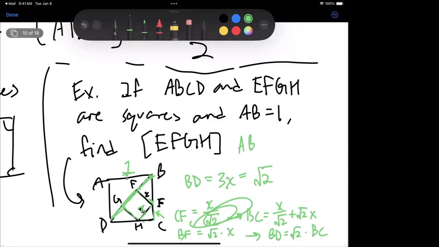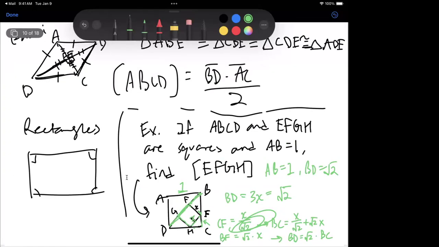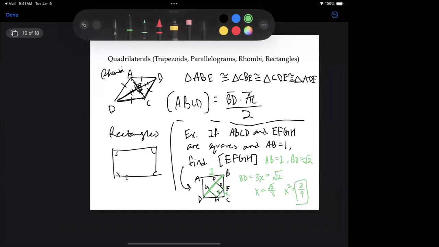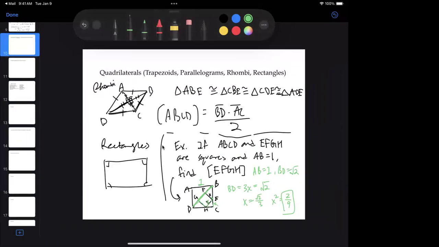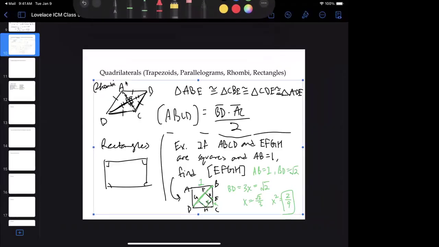So because AB is equal to 1, BD is equal to square root of 2. All right, any questions?